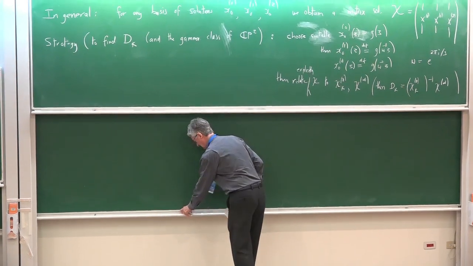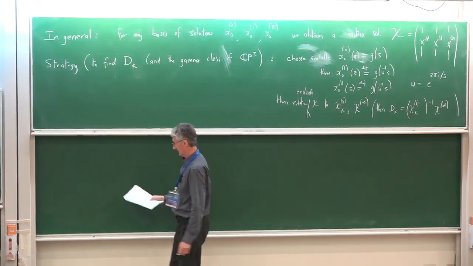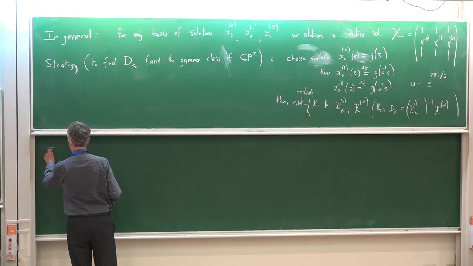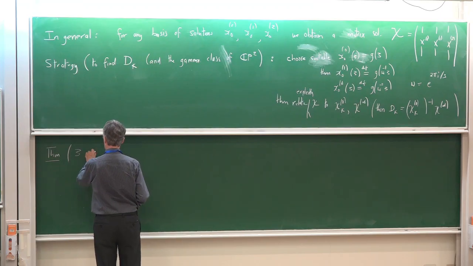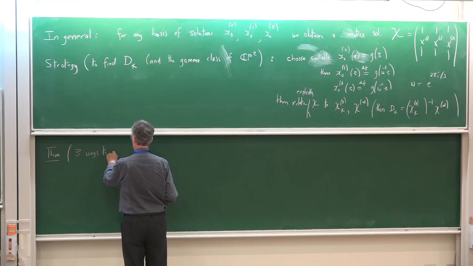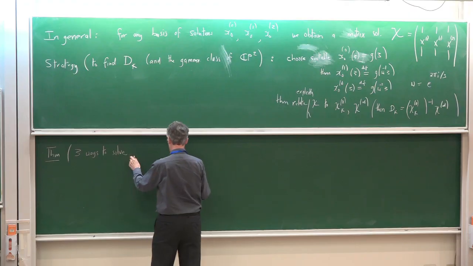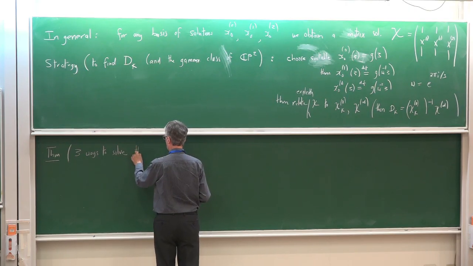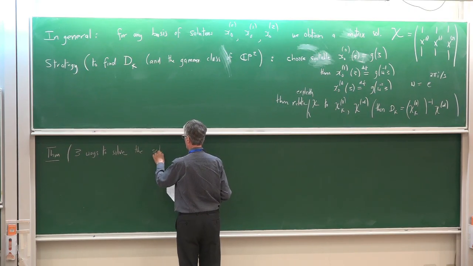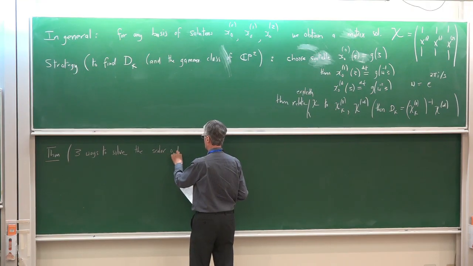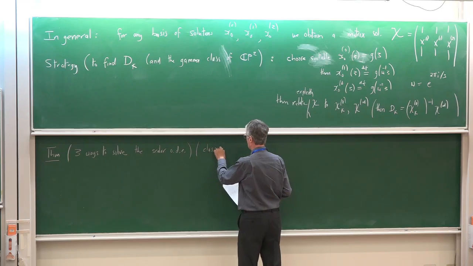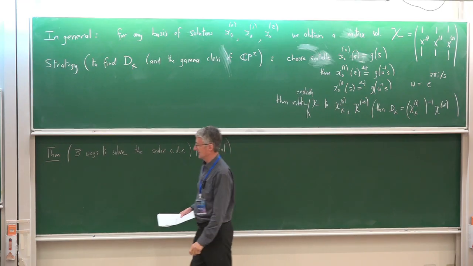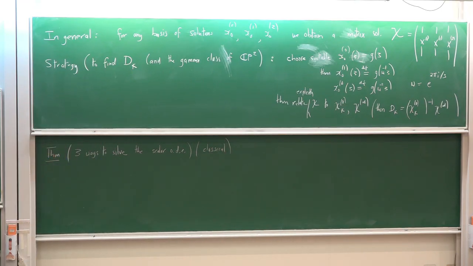So we need some differential equation theory to do this. Let me state this as a theorem: there are three ways to solve the scalar differential equation. This is classical differential equations theory.